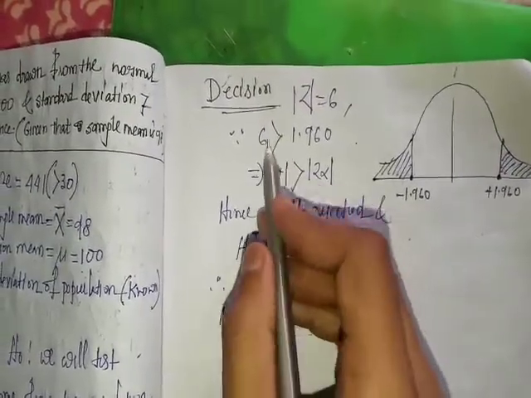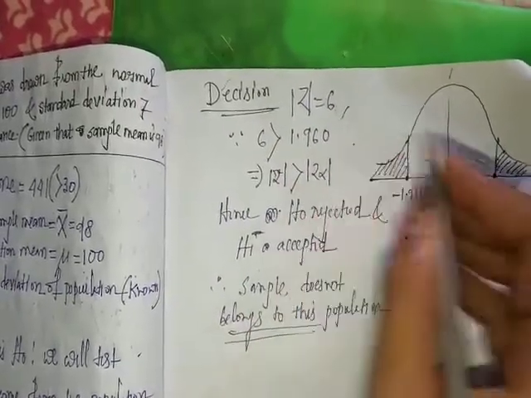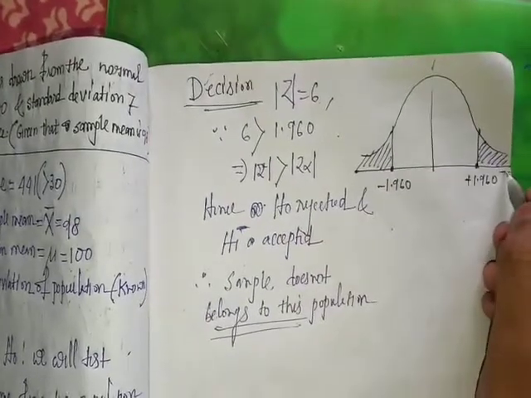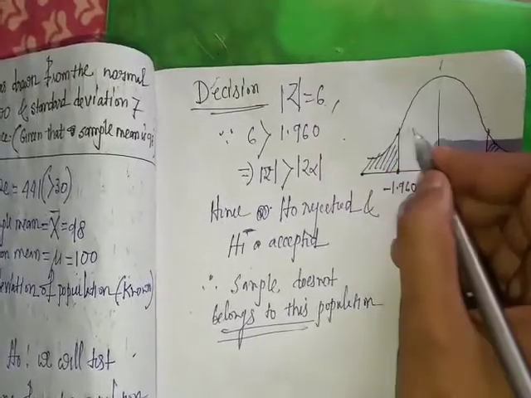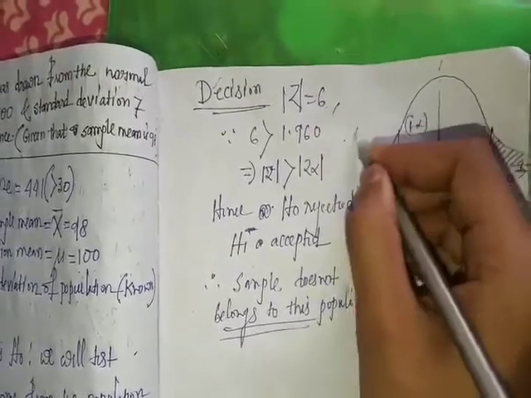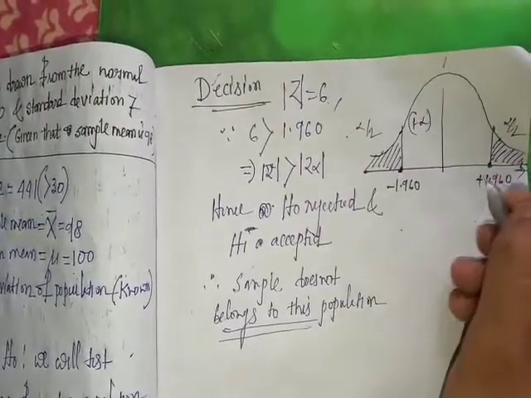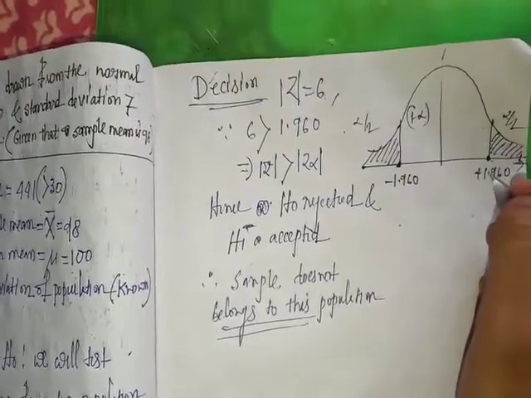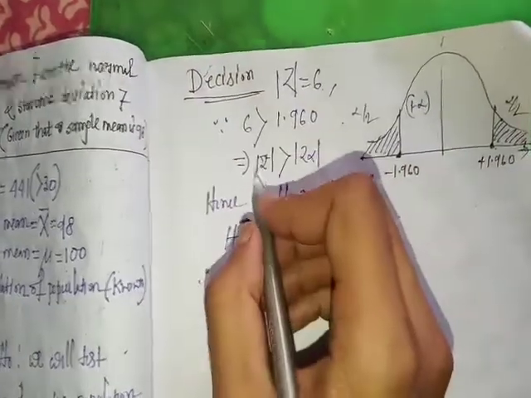The calculated value is 6, and 6 belongs to this portion. This is 1 minus alpha, and these are alpha by 2 each.